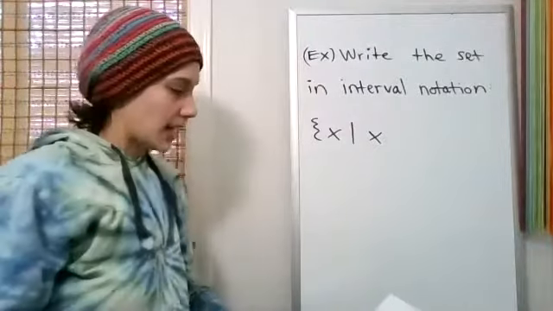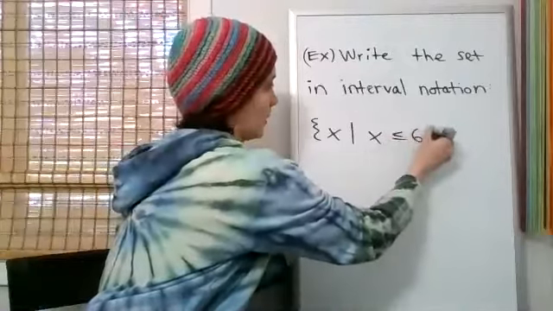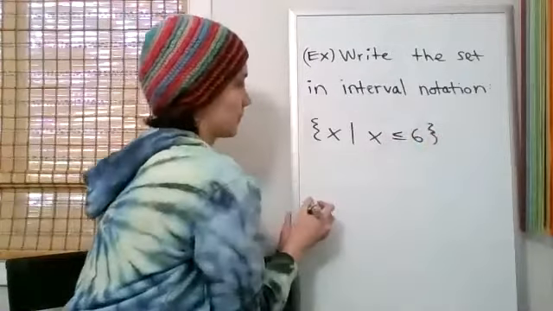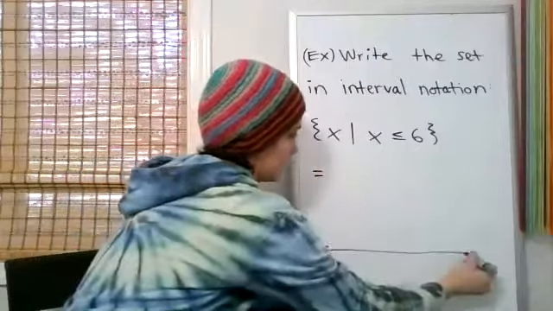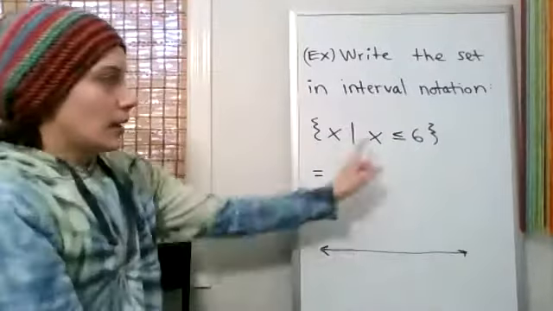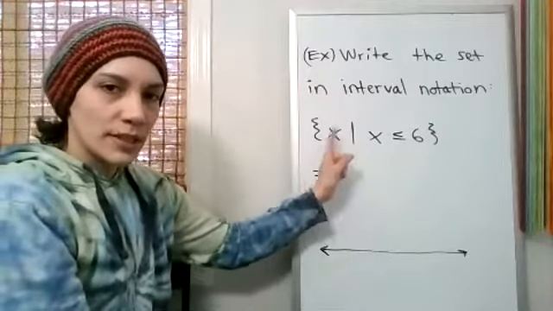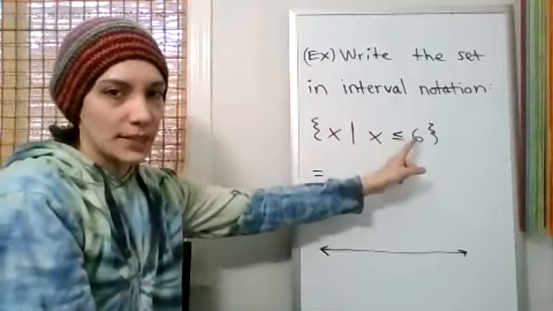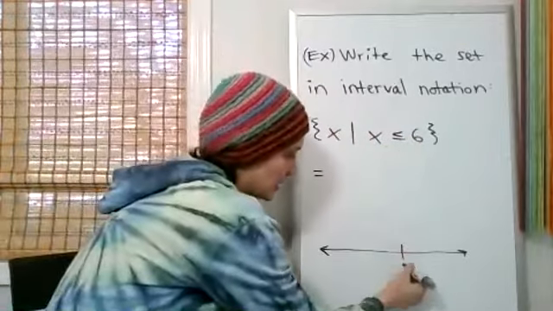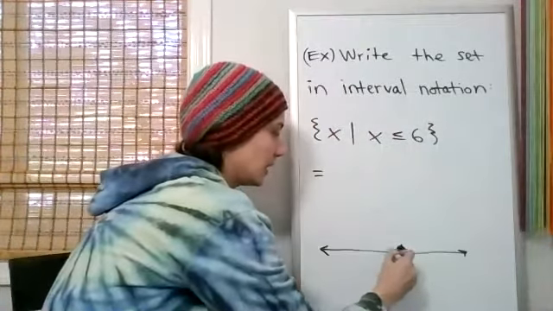I'm going to go with less than or equal to 6. Okay, your x values on some number line. So these are x in the real numbers such that x is less than or equal to 6. We can include that number and everything less than that number.